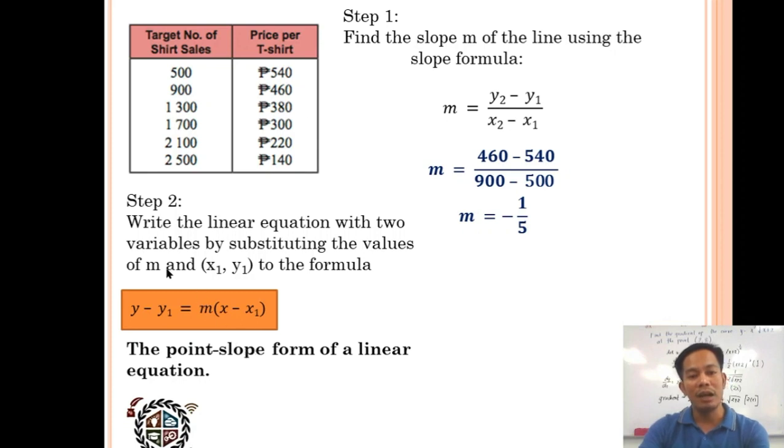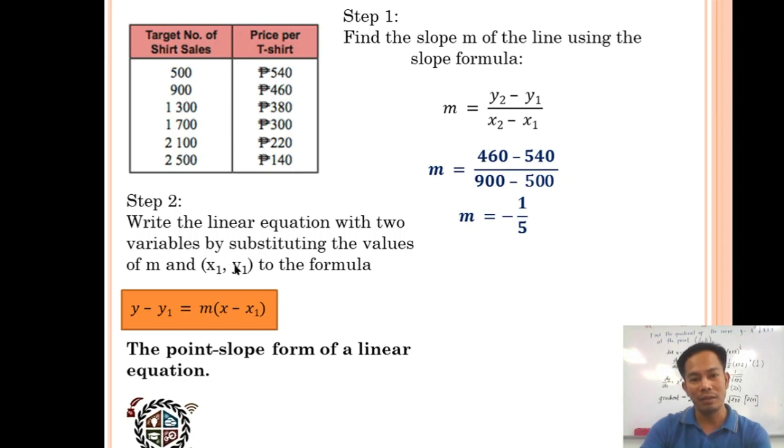Ano yon? Ano yung point na gagamitin mo? Kahit saan dito sa mga ito, ang gamitin mo, it will give you the same answer. Okay? So I can use 500 and 540. I can use 900 and 460. Okay? When we say point, okay, it's any of those points. Basta dapat pair siya, x sub 1 and y sub 1.